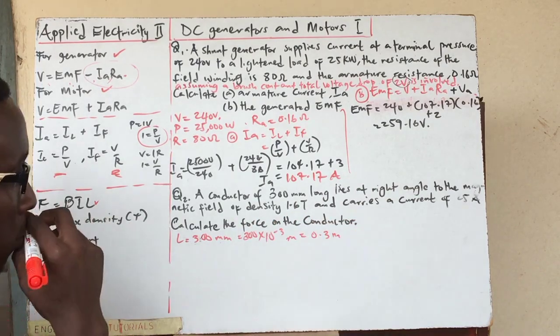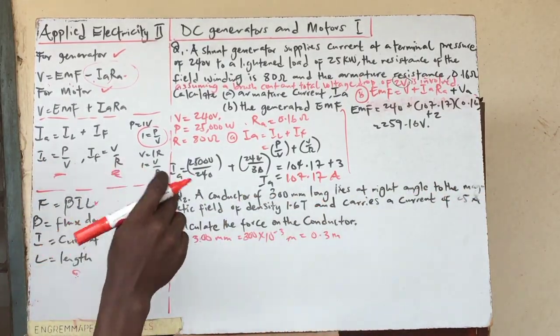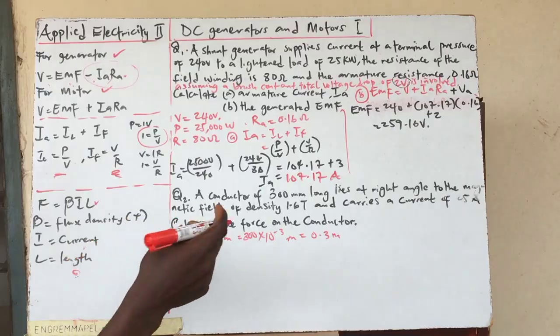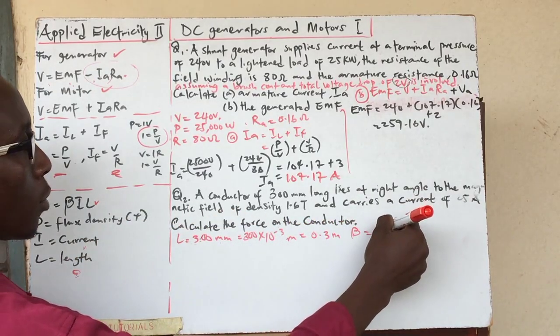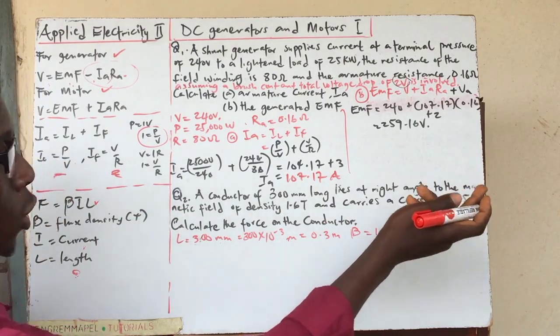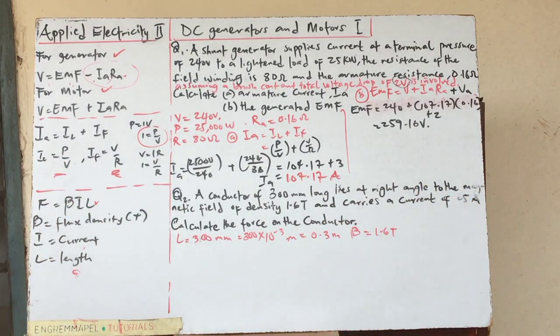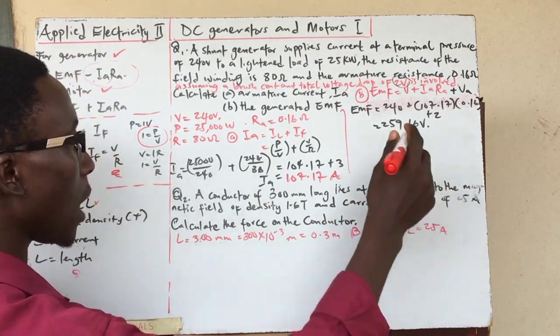0.3 meter. So now to the magnetic field of density 1.6 Tesla, that is the flux density. So we're having this as 1.6 Tesla, and it carries a current of 25 ampere. So we're given the current also, we add 25 ampere. Now you have to calculate the force.